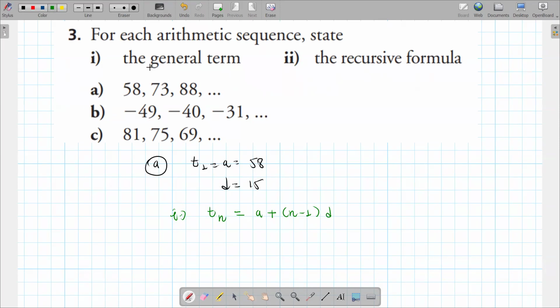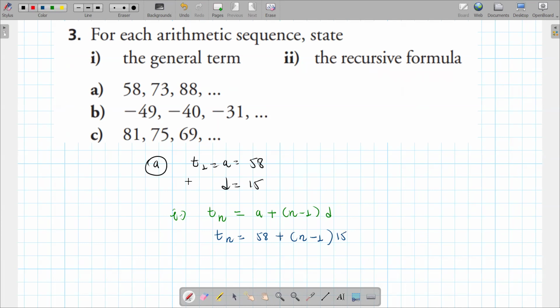That is the formula for the general term. So what would that look like here? Tn is equal to a, which is 58, plus n minus 1, which stays as n minus 1 unless we know what the term number n is, times d, the common difference 15. And that's the final answer for the general term.